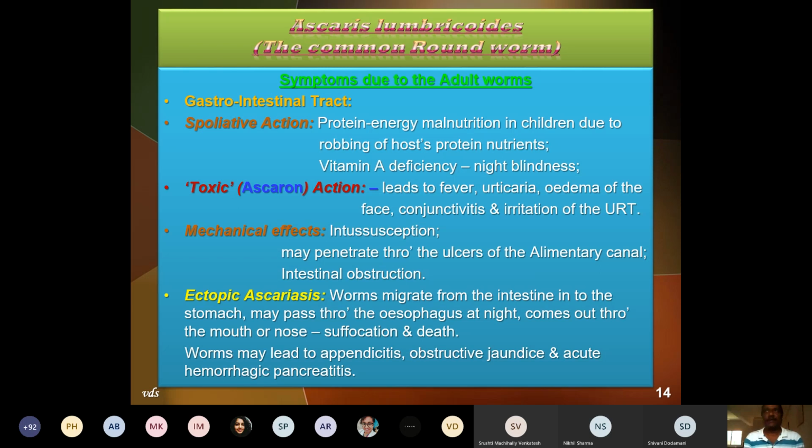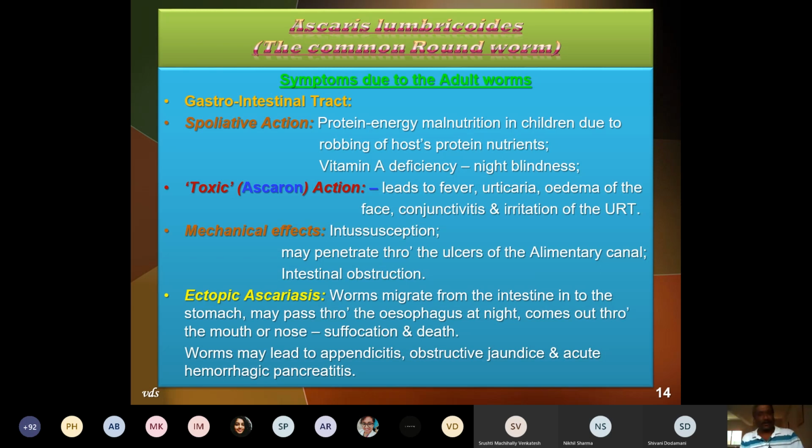Usually the proteins are taken up by the adult worms, being much larger. A large amount of nutrients is robbed from the intestine of the host. This causes protein energy malnutrition in children due to robbing of host protein nutrients, and vitamin A deficiency that may lead to night blindness in the children.